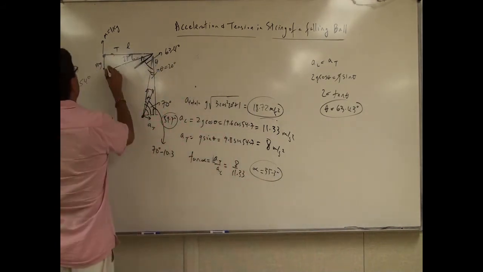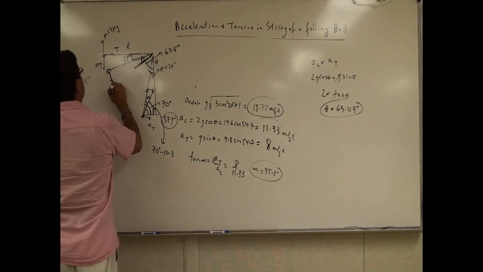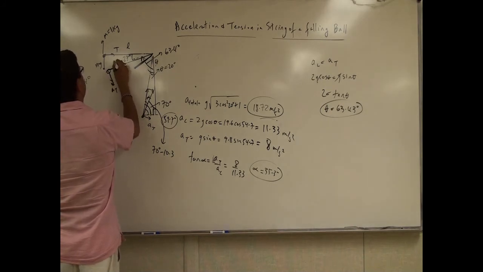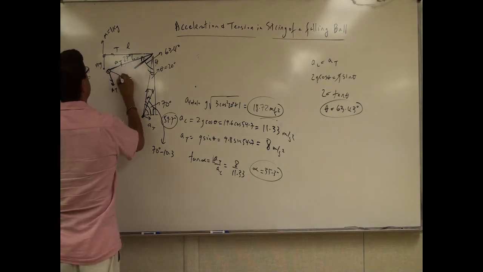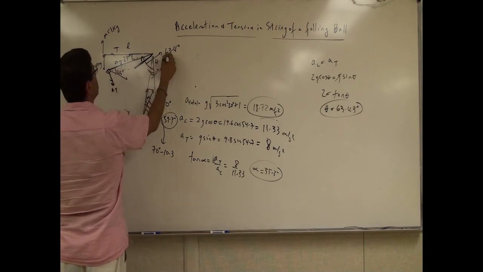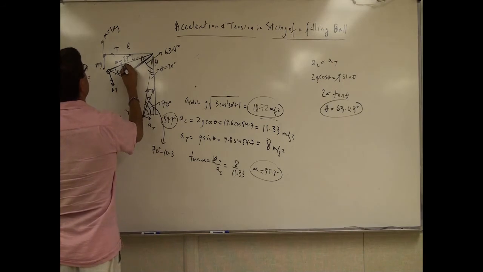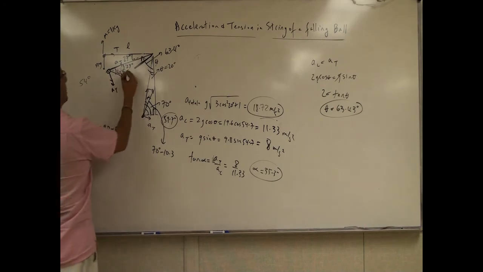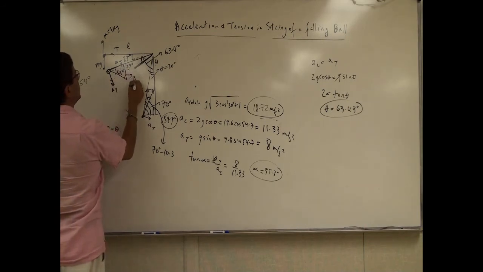The tangential acceleration and the centripetal acceleration are the same, so this angle here is going to be 45, but because this is 63 degrees, this piece is going to be 27 degrees. Because 45 is larger than 27, that means this is going to be 18 degrees.